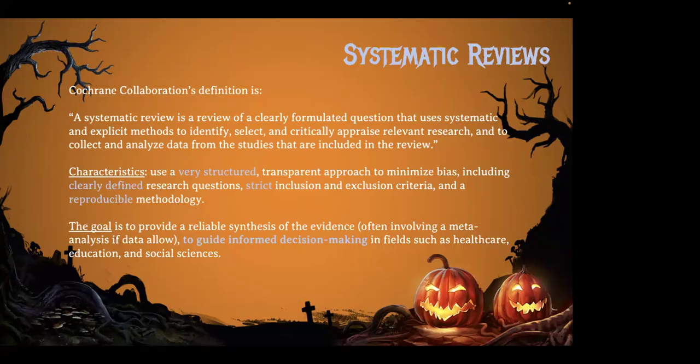So with qualitative synthesis, you're identifying themes, concepts, and trends across the research field, and different techniques are available. You might have a thematic synthesis, a narrative synthesis, or a framework synthesis, and you're really trying to interpret the results in a meaningful way instead of having one sole answer.